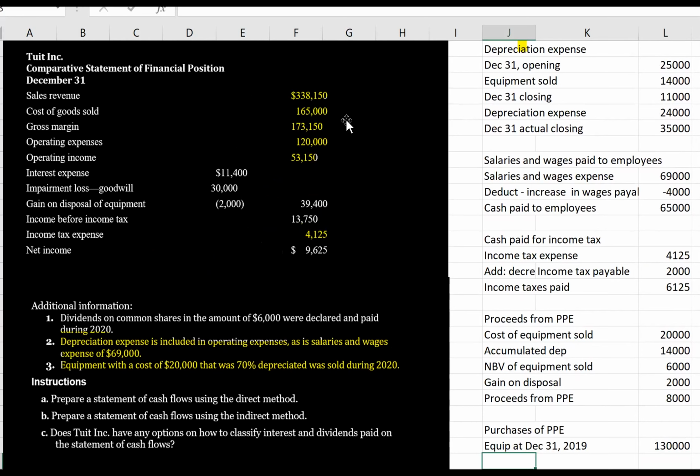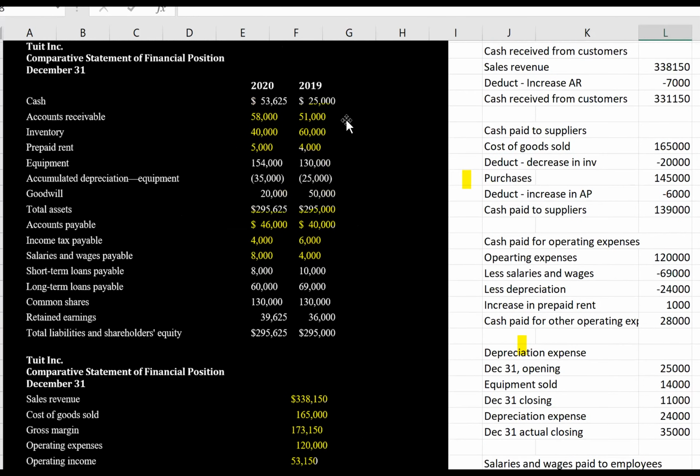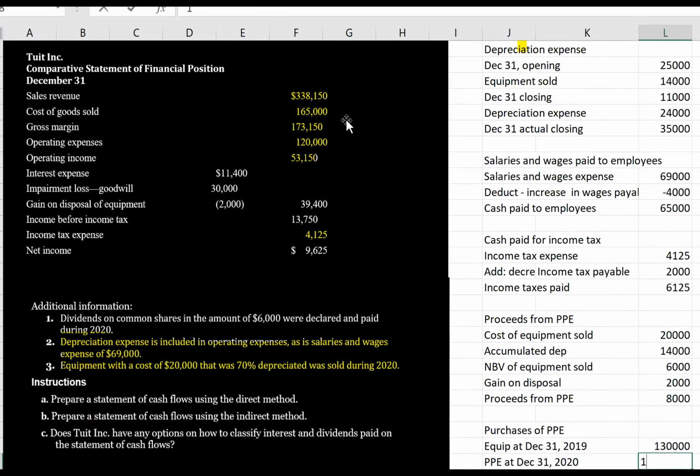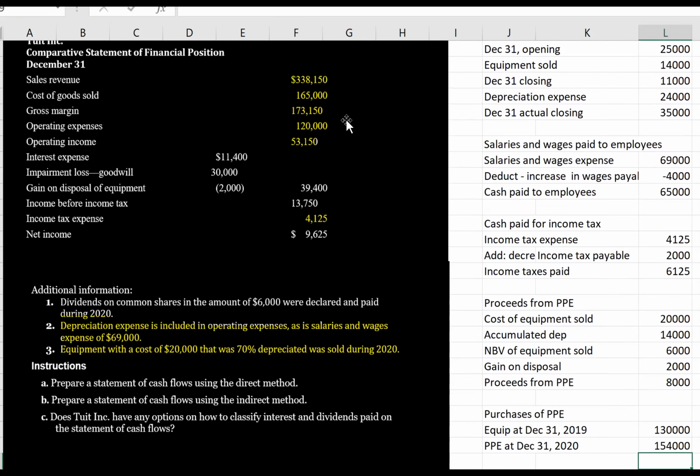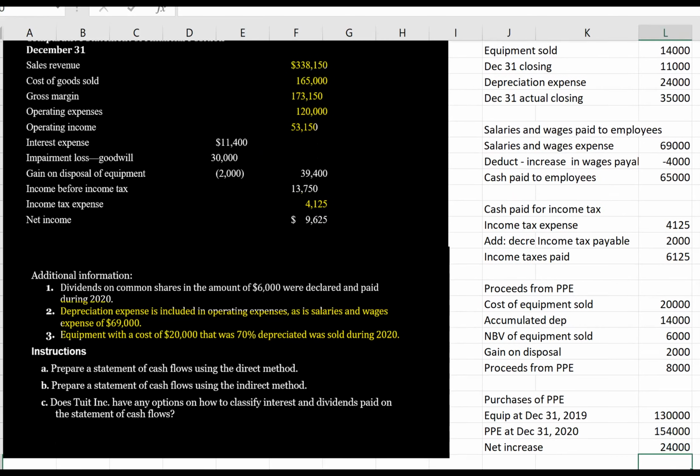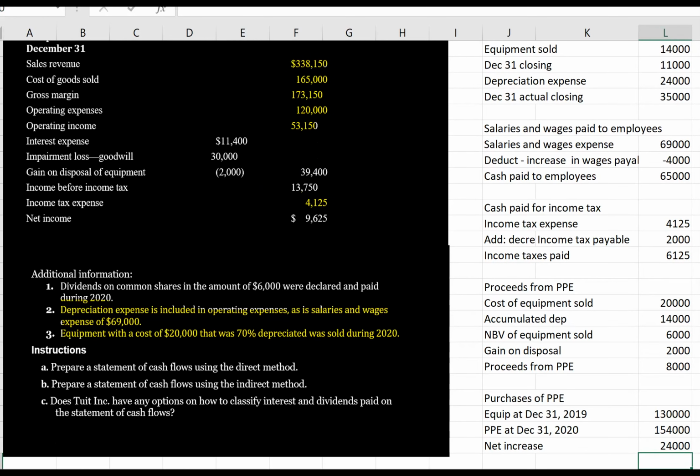Okay. And then what was our balance at December 31st, or PP&E, I should call it, at December 31st, 2020? So it's simply the change in that account, which is going to be 154,000. So what is the net increase? It's 154 minus 130. So we saw this account increase by $24,000. And remember, we sold equipment, so we'd also have to clear it out of the cost, which is the PP&E account.